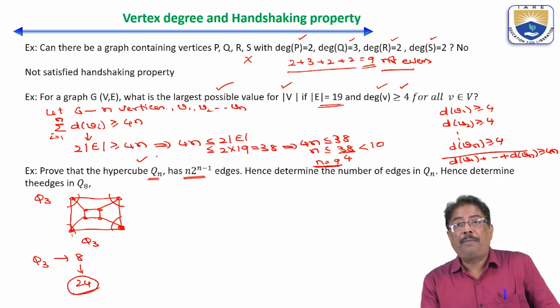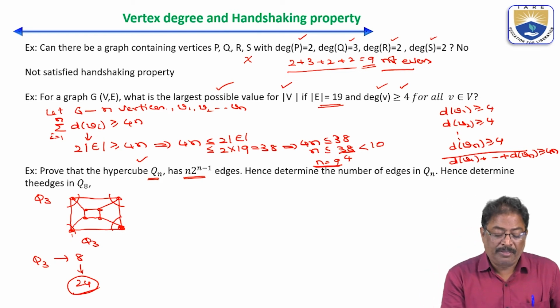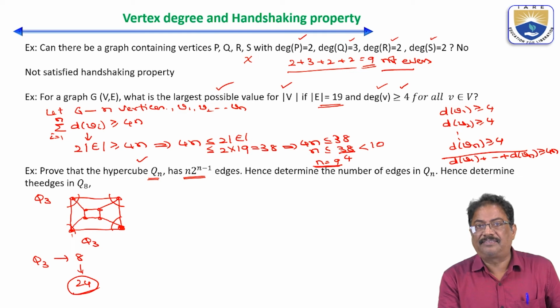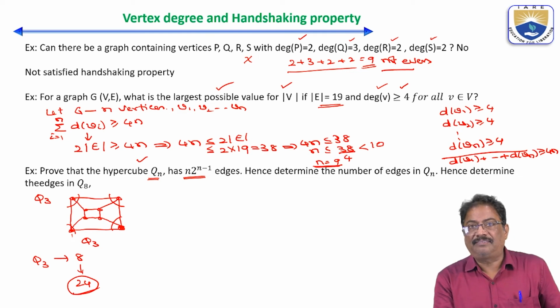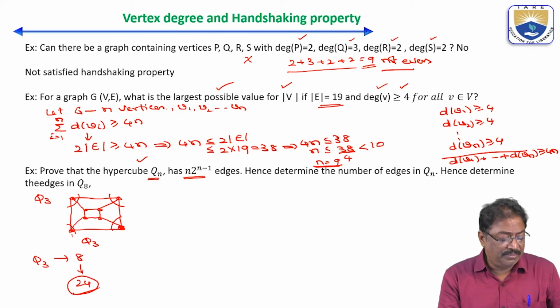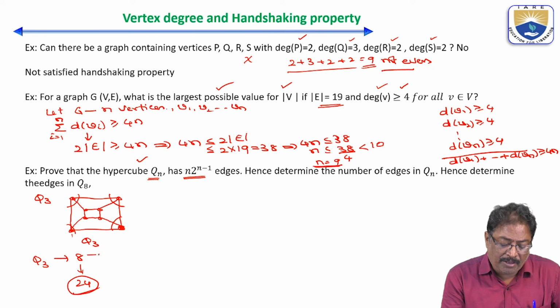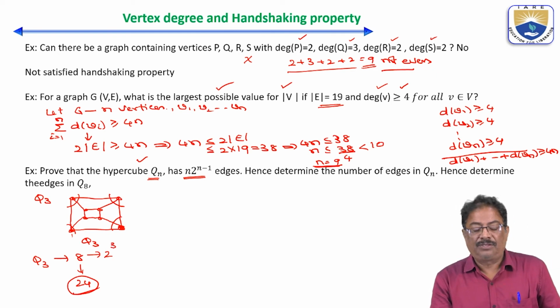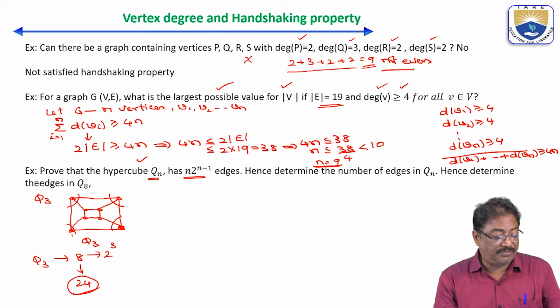It is a hypercube. If I am considering Q3, each and every vertex degree is 3. The number of vertices in Q3 is 8, which I am going to write as 2 to the power of 3 vertices.